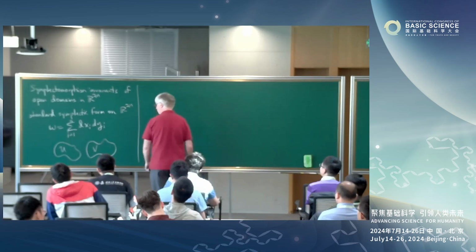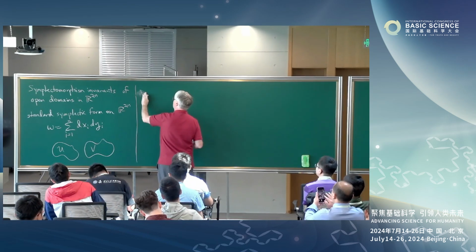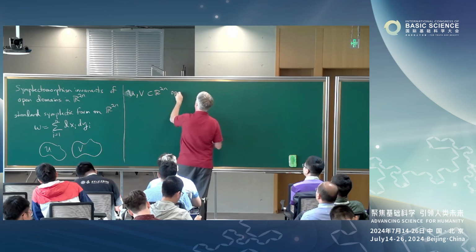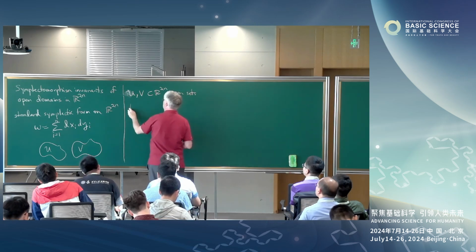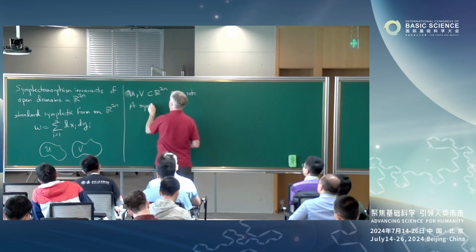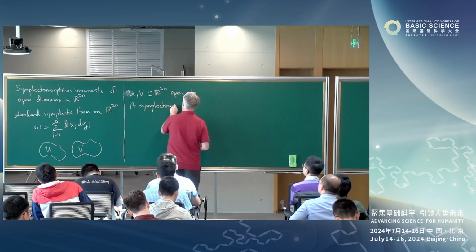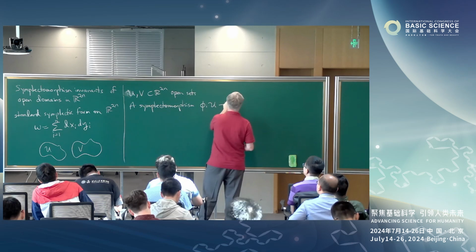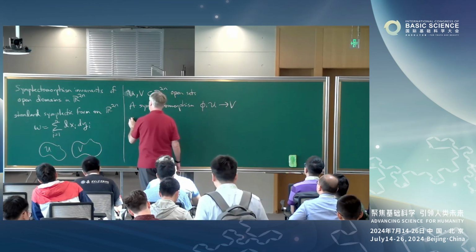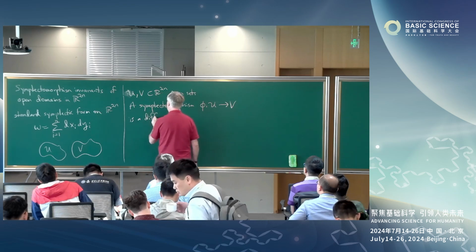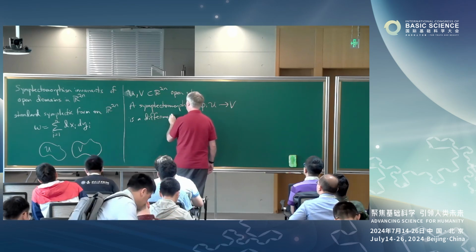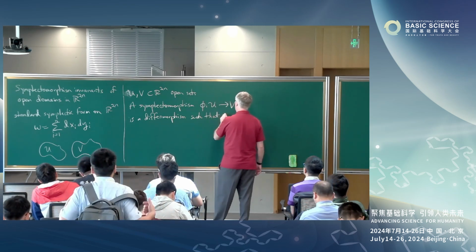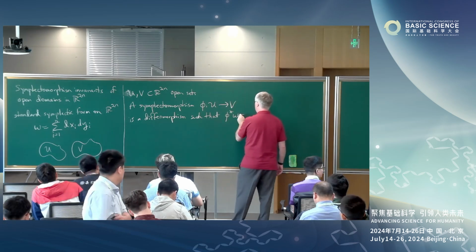So if U and V are open sets in R2n, a symplectomorphism phi from U to V is a diffeomorphism which preserves the symplectic form, so phi star omega equals omega.